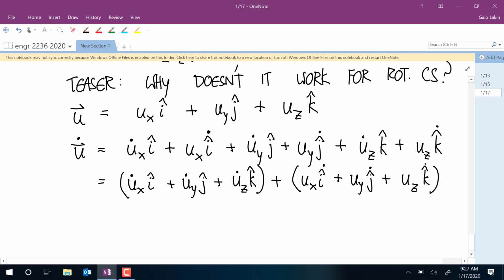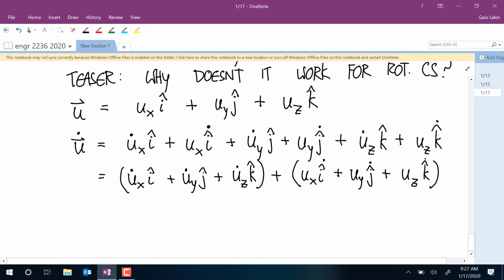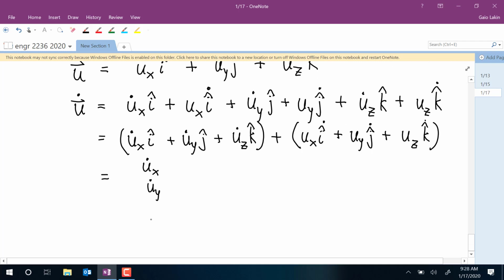Okay, and now I'm going to reformat this again. The first set of parentheses, our usual notation says that we can write this as ux dot, uy dot, uz dot. But this second piece, we don't really have any way to deal with that. We don't have any special way to write that.